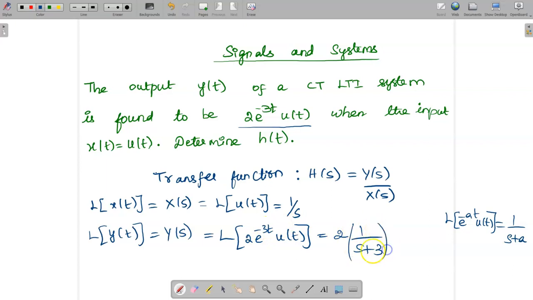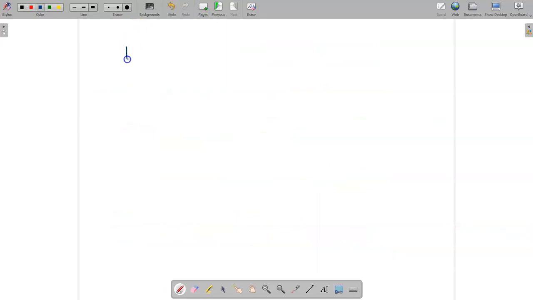So once we have determined y of s and x of s, applying that in this formula we can find out what is h of s. Okay. So what is h of s now? H of s is given by y of s divided by x of s. We know that y of s is 2 by s plus 3 and x of s is 1 by s.